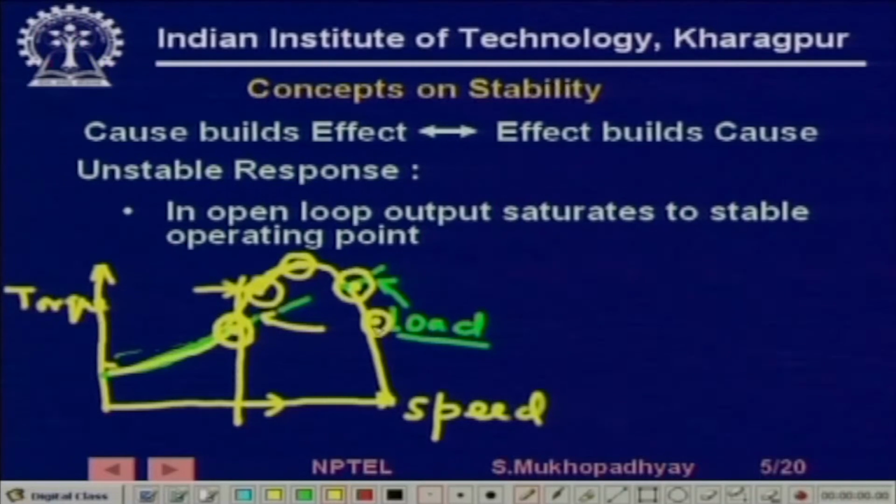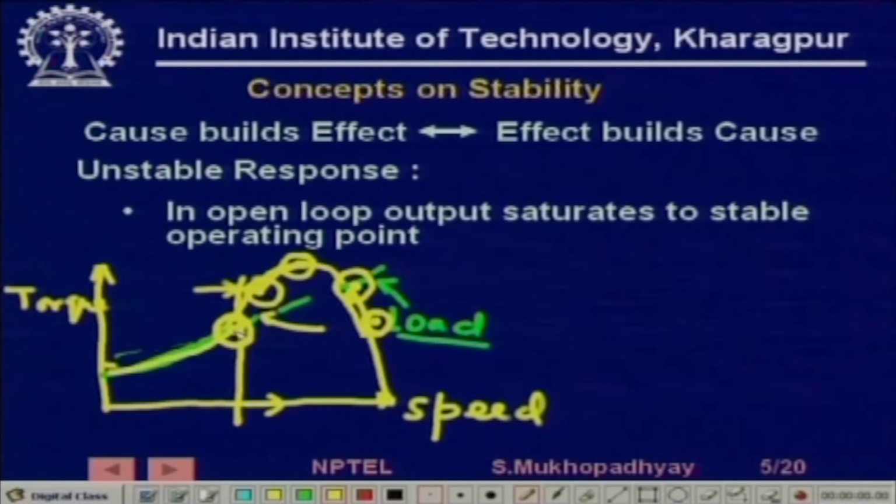now if the motor shifts from this point to this point, immediately the generated torque will fall below the load torque requirement. So, the motor will tend to go back to its old operating point. This is the difference between a stable and an unstable open loop operating point.